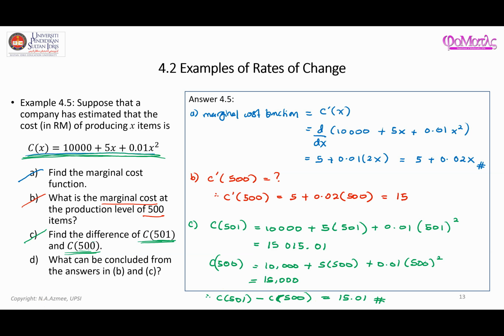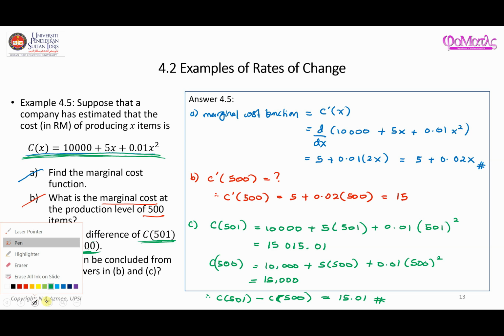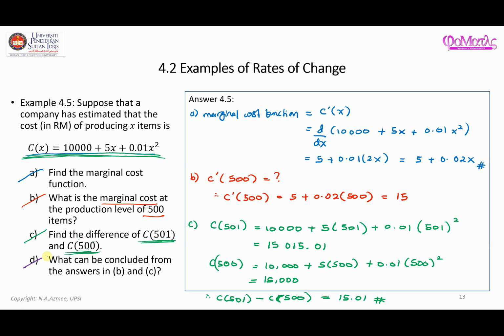Now before I explain the meaning of this, let us look at the next question, which is question D. What can be concluded from the answers in B and C? So you can see that the answers in B and C here are very close to each other.